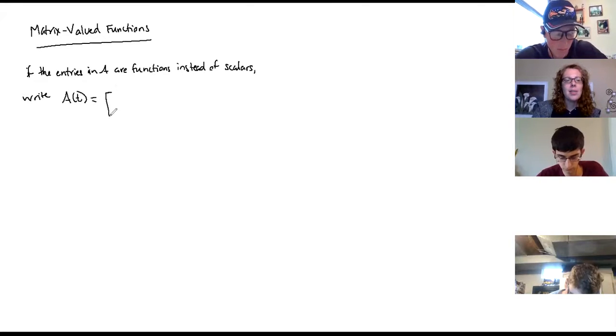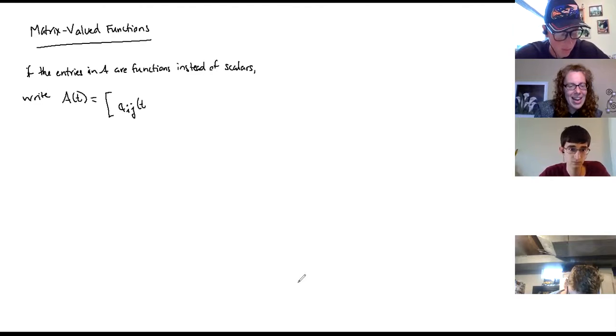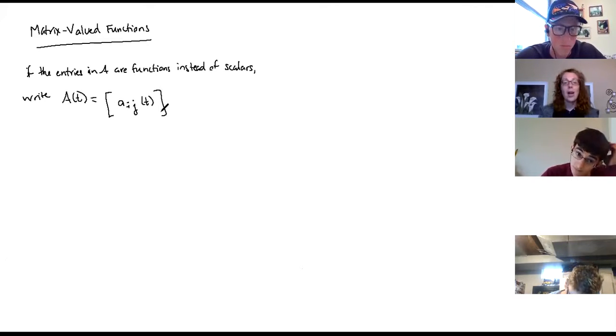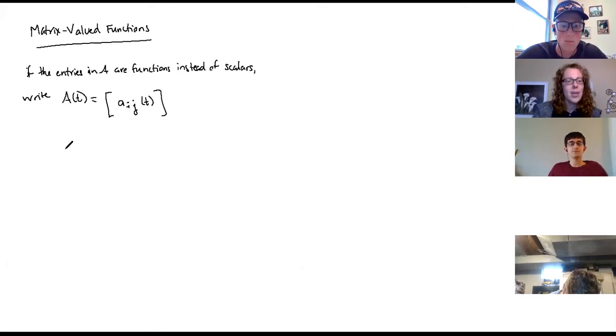And so if I want to write this in the shorthand, usually we'll say little a sub ij of t. So we've got a whole bunch of functions inside the matrix. Instead of scalars, we've just got functions inside of there.